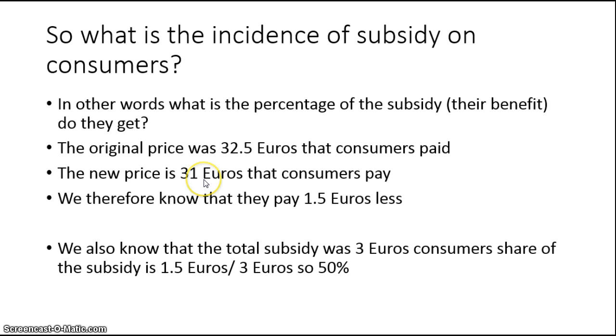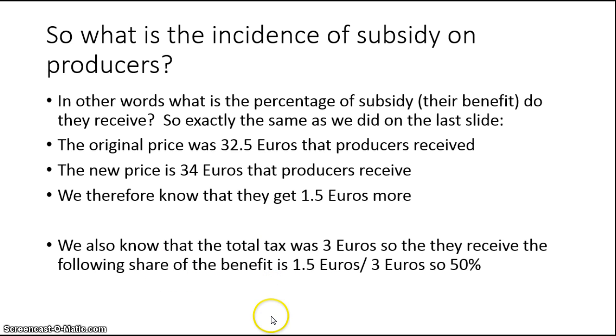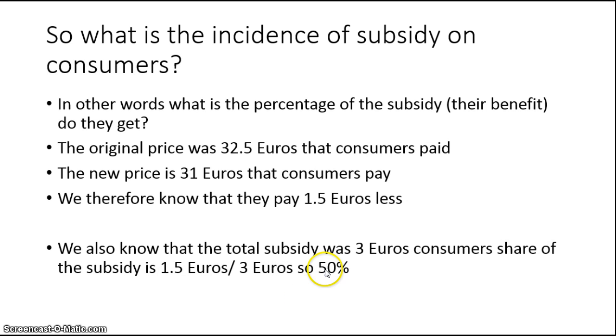Remember, the customer and the producer get different prices. The price that the customer pays is €31. So that's €1.50 less than they used to pay. So therefore, we do €1.50 over the total subsidy, which is 50%.